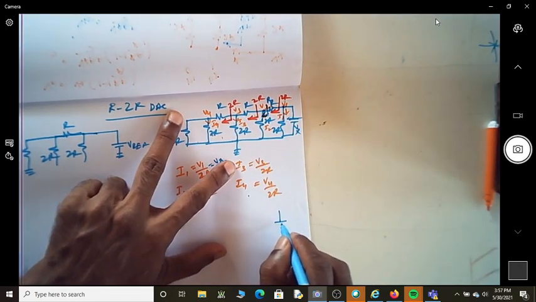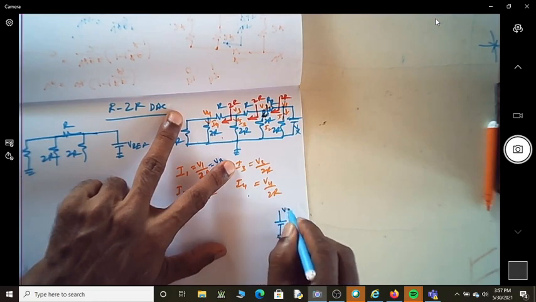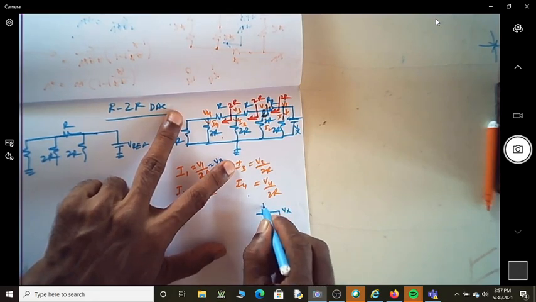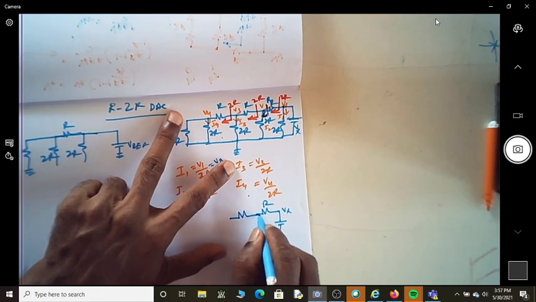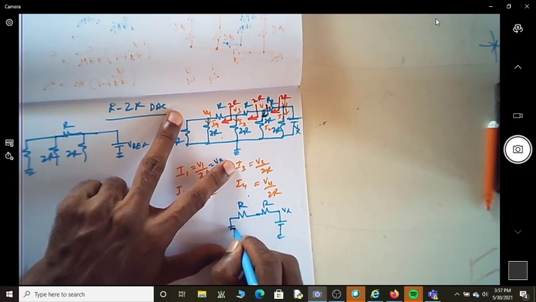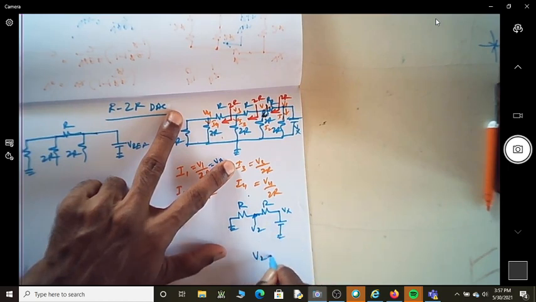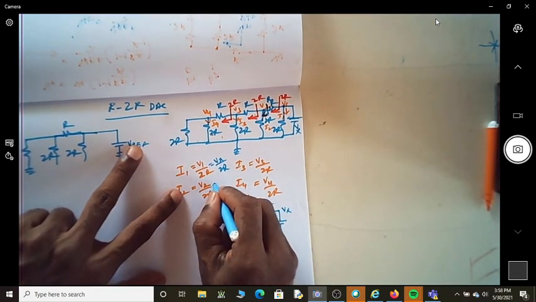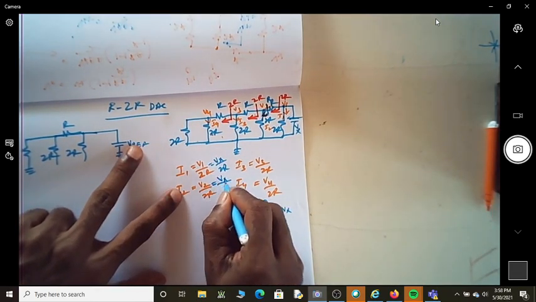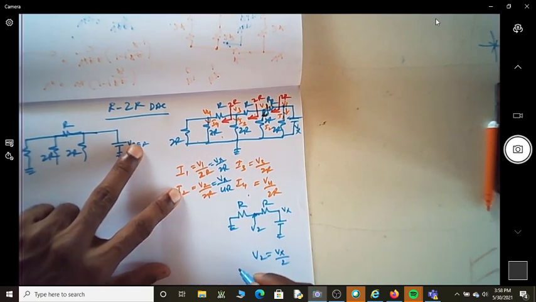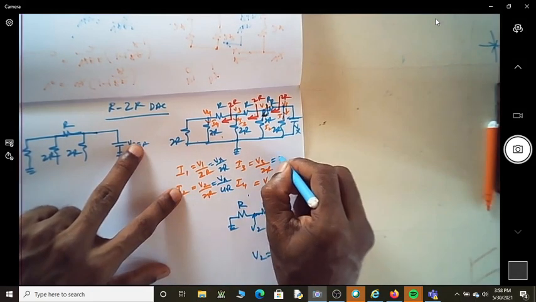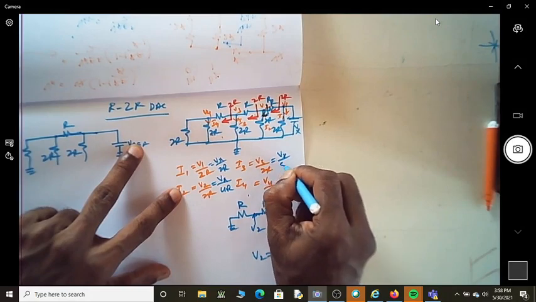So I can just simply write this as you have a Vx, you have a resistor R, and you have an equivalent resistor R which is grounded here. You are looking at what V2 is. Is V2 equal to Vx by 2? So shall I write it as Vx by 4R? Similarly, can I write it as Vx by 8R?